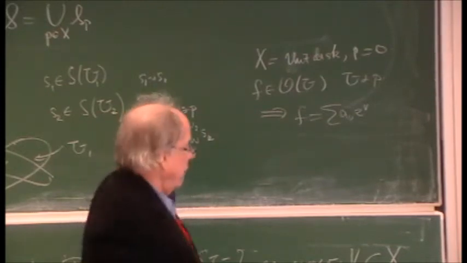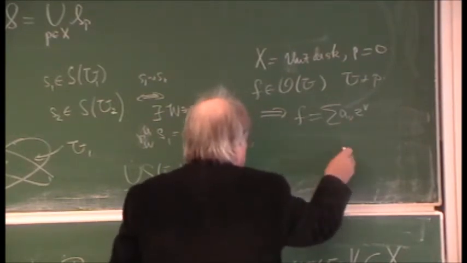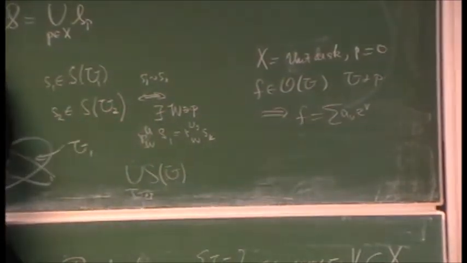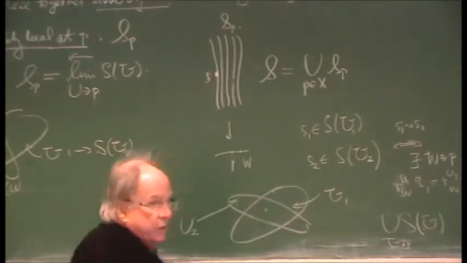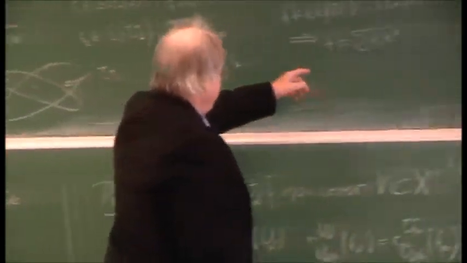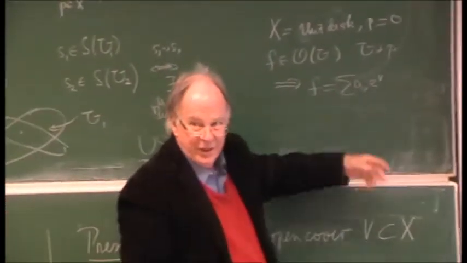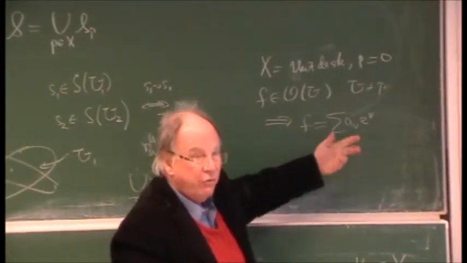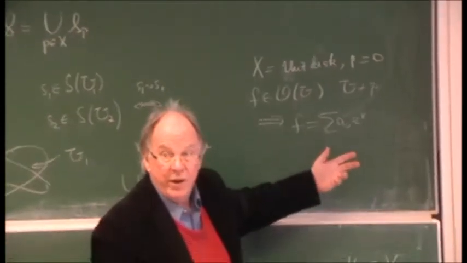So what you're going to do is look at that germ-wise. You're going to restrict and restrict. You find this function as a germ, as its power series, which converges somewhere. You don't care where it converges, because you're allowed to take it smaller and smaller. If you take some representative, it'll converge somewhere.